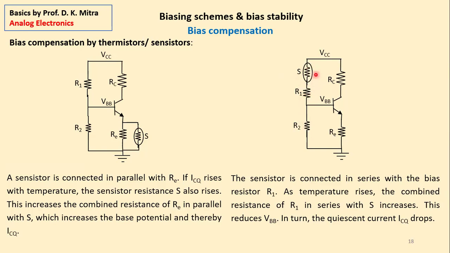If this resistance rises, then the potential here will drop. So if the collector current IC tends to rise due to temperature, then at the same time the potential here drops, which reduces the collector current. So these are the four possible combinations of sensistors and thermistors to compensate for the bias instability.